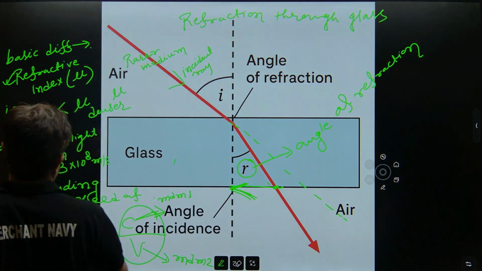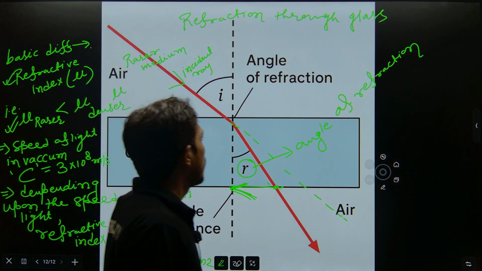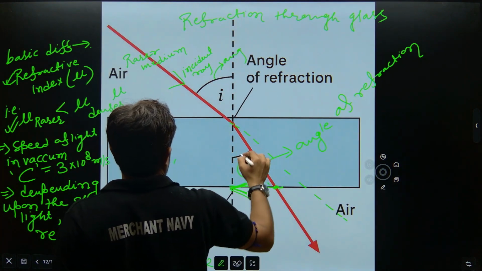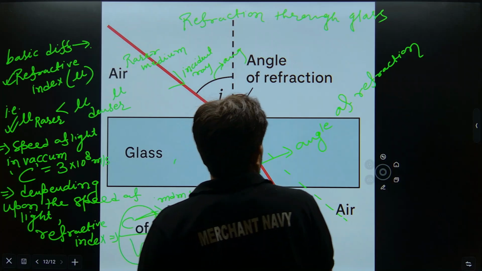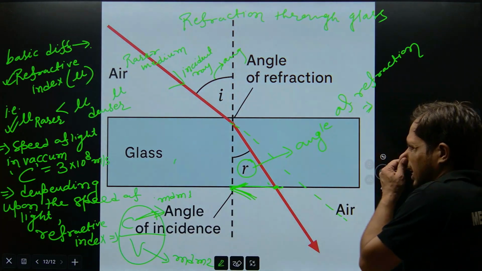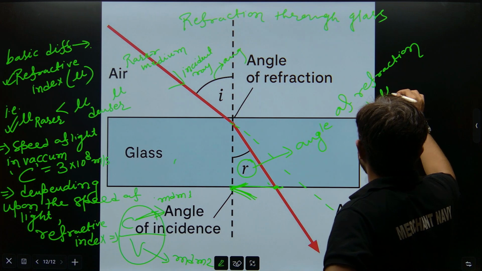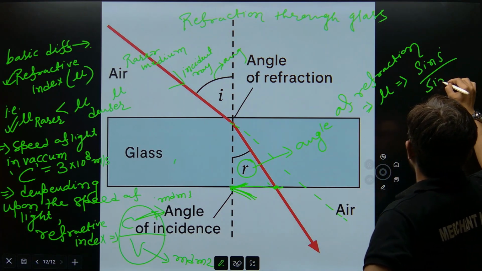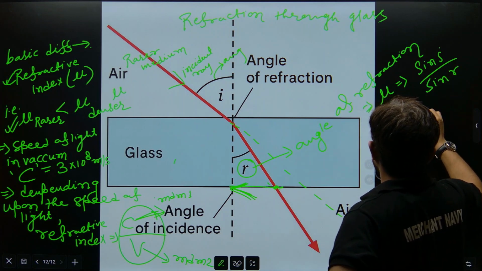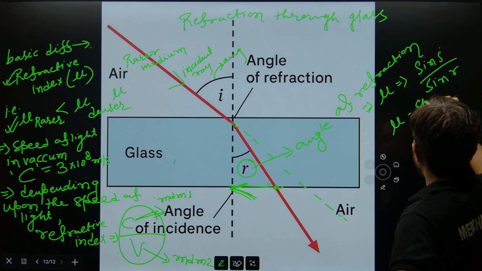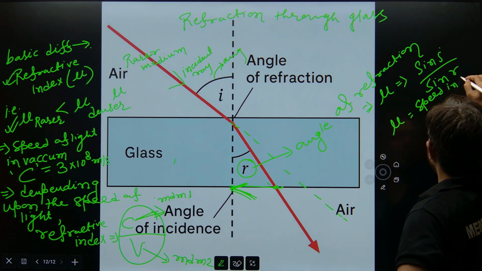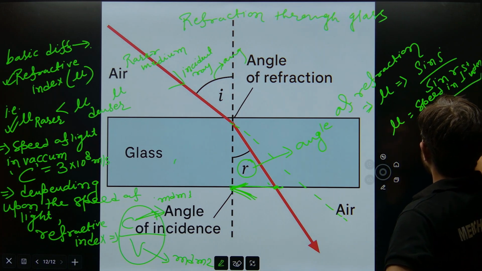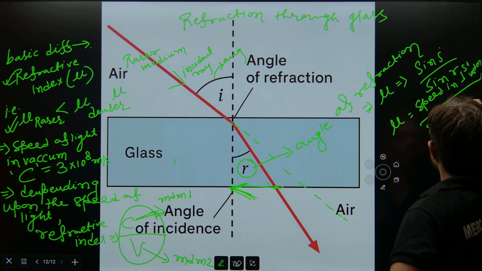Here it is the angle of incidence, and here it is the angle of refraction. According to refraction, the refractive index is defined as sin i upon sin r. The refractive index is also defined as the speed of light in the first medium with respect to the speed of light in the second medium.